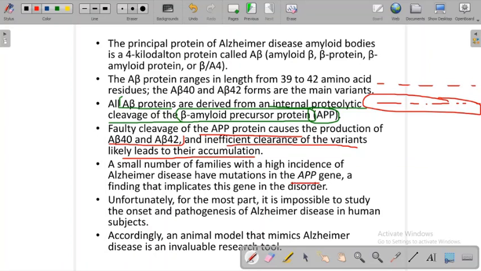Now this APP gene is very important, guys. If there is a mutation in the APP gene, there will be faulty cleavages. So we need to find out this APP mutation and we need to replace it with the correct APP gene.